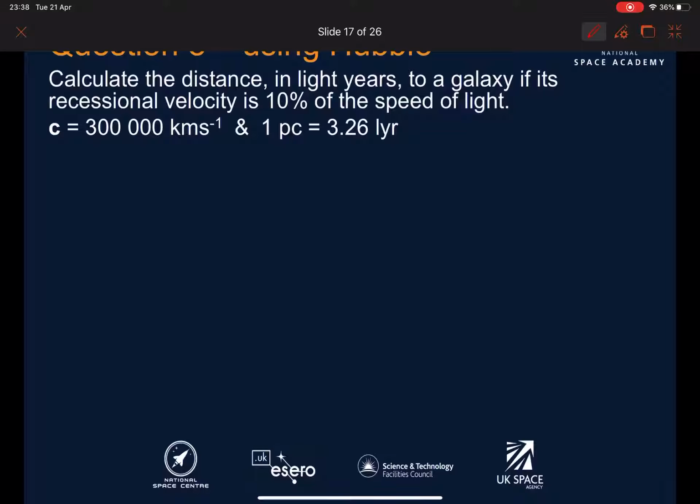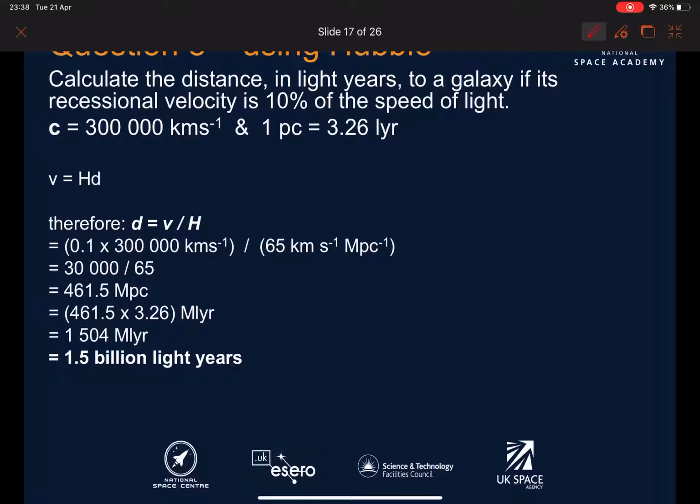So a question, again, feel free to pause. Calculate the distance in light years to a galaxy if its recessional velocity is 10% the speed of light. So what we are saying is it's moving away from us at a speed of 10% of 3 times 10 to the 8. And we've got a parsec there in light years as well to help us.